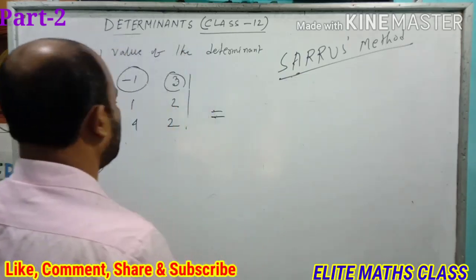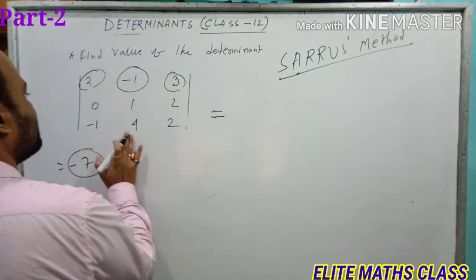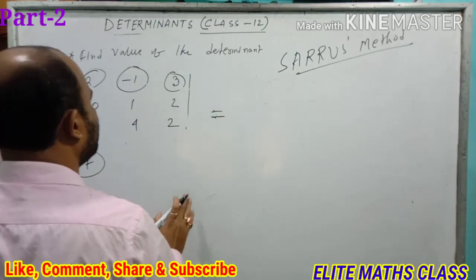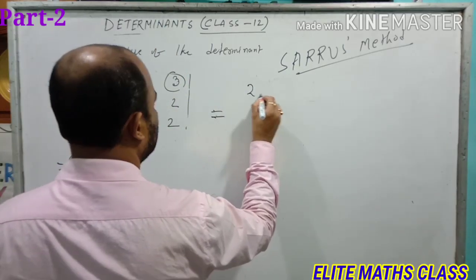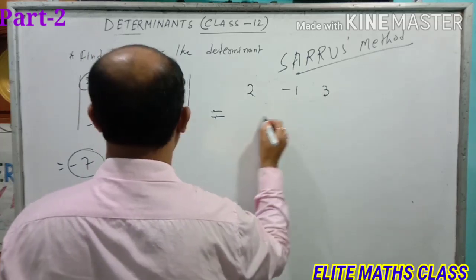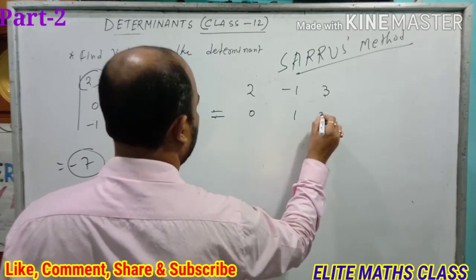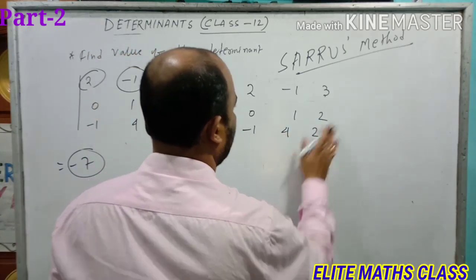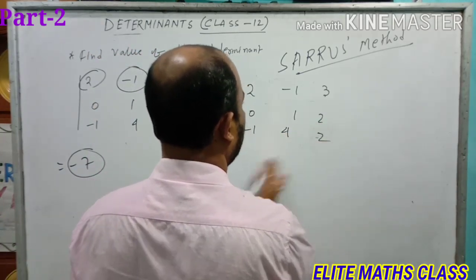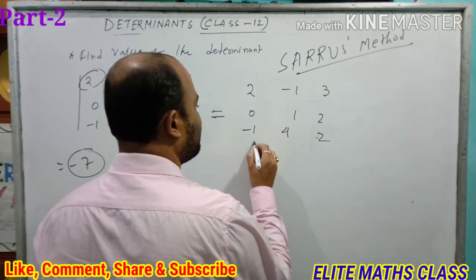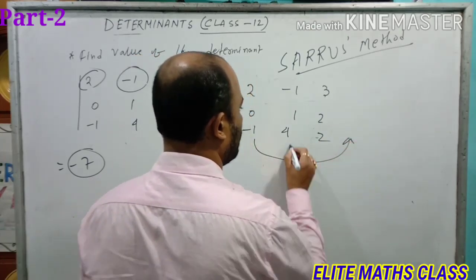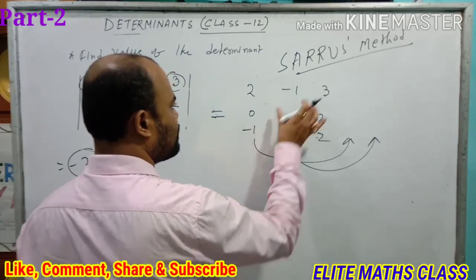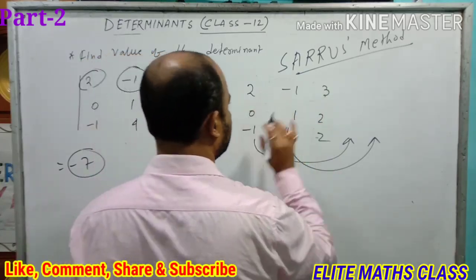For this method, what you have to do is write the 3 columns of the determinant as given, that is, you just write the elements 2 minus 1 3, 0 1 2, minus 1 4 2. Then you repeat the first column and second column again.